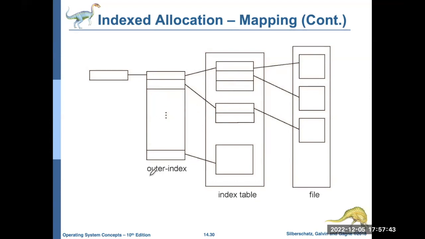So the outer index table or block is pointing to inner index tables or blocks, and those blocks are further pointing toward the blocks used by the files. The advantage of this is that we can use this structure to handle a very big file in the secondary storage also. So that is one way of doing it.